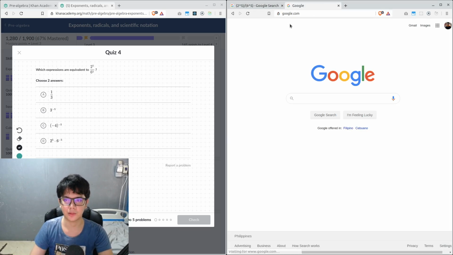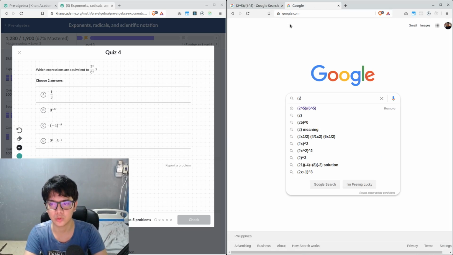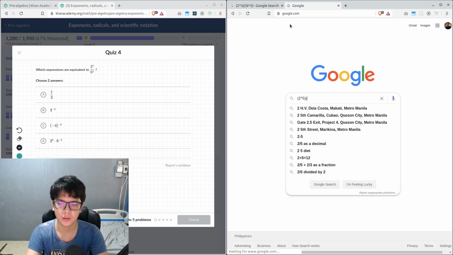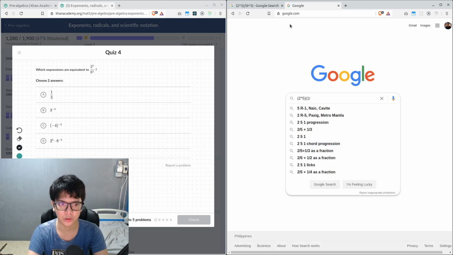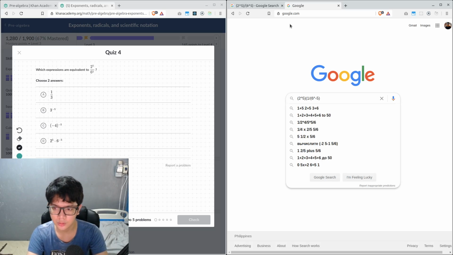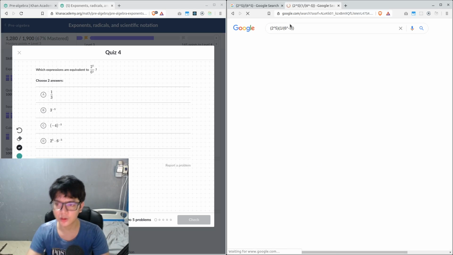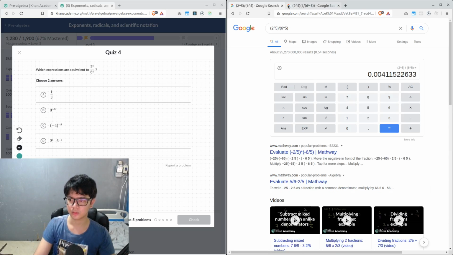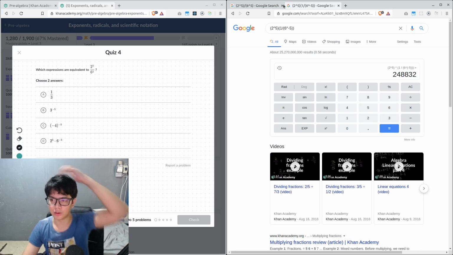Then would that be the same as 2 raised to 5 times 1 over 6 raised to negative 5? Is this correct? Wow, I think I made a mistake.